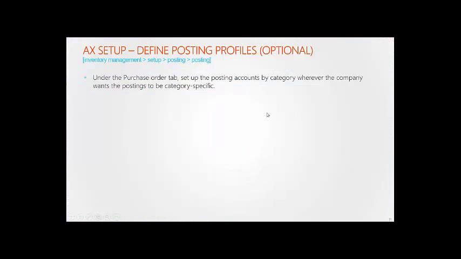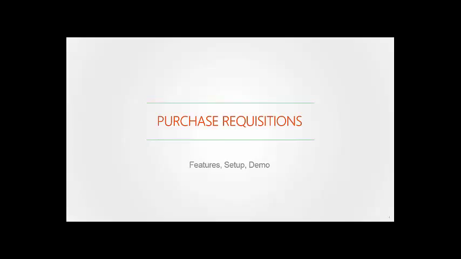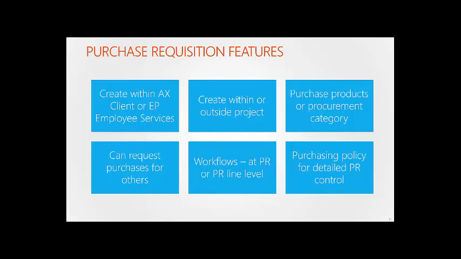Okay, I know we're going fast, but it's a lot to cover. So purchase requisitions. We're going to move on to purchase requisitions and all that stuff we set up. We'll see how it all comes together once we start making purchase requisitions. Some of the things about purchase requisitions: you can do them within the client or employee services, and when you do them in employee services, you've got two options.